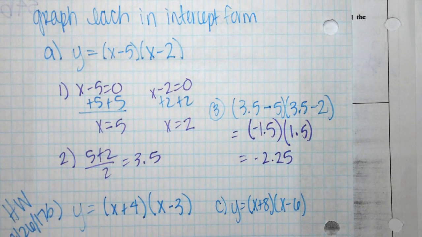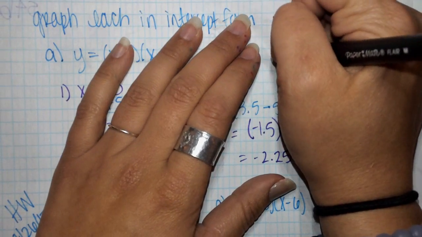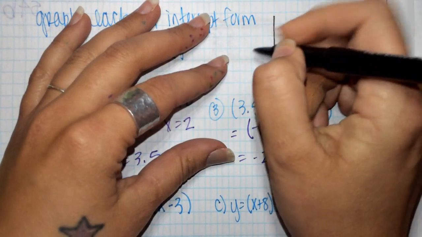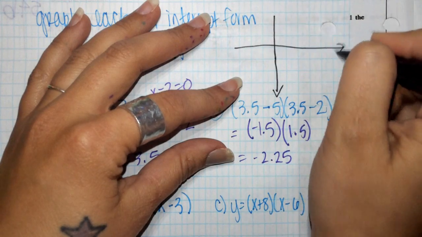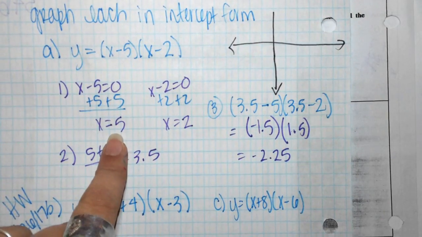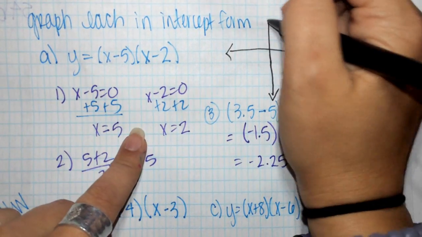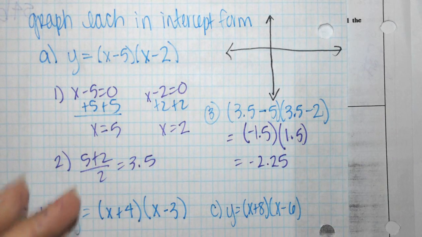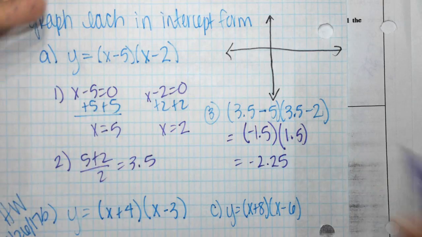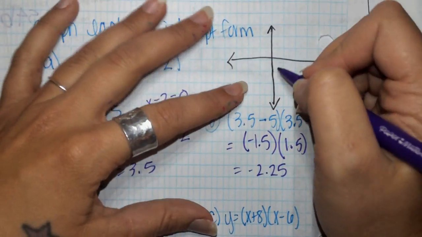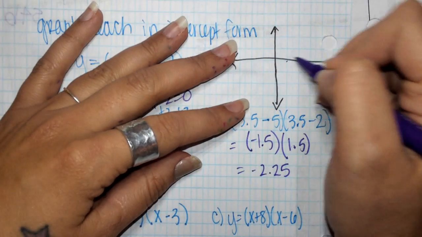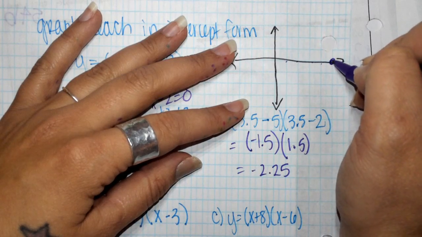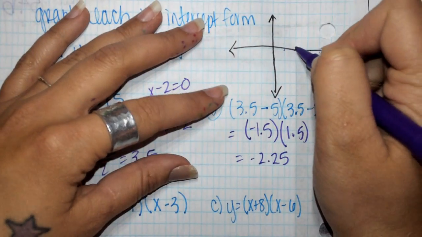Your graph would have, and you should be doing this with me if you didn't do A, one of your roots at 5 and your other at 2.